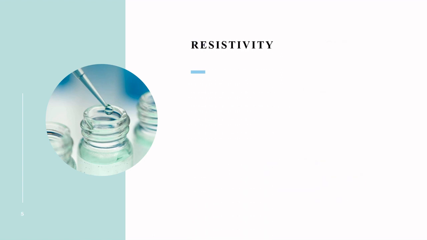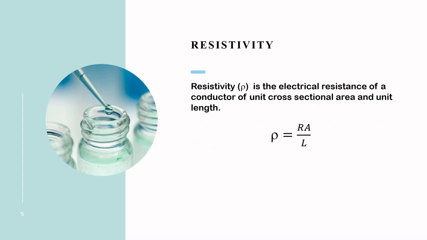Next, what is resistivity? Resistivity, which is defined by rho, is the electrical resistance of a conductor of unit cross sectional area and unit length. Rho equal to RA divided by L. R is the resistance, A is the cross sectional area and L is the length.